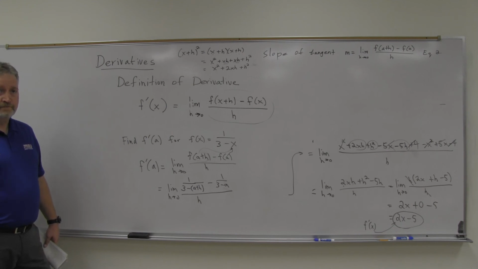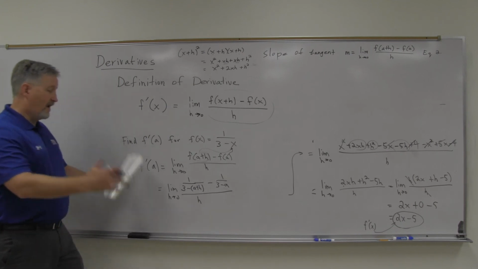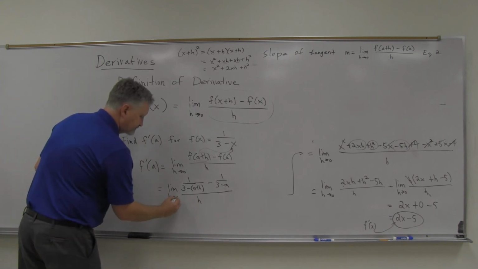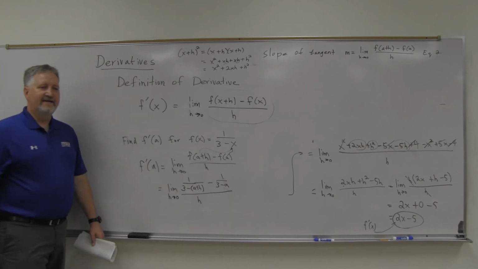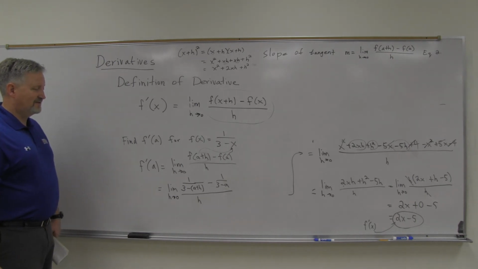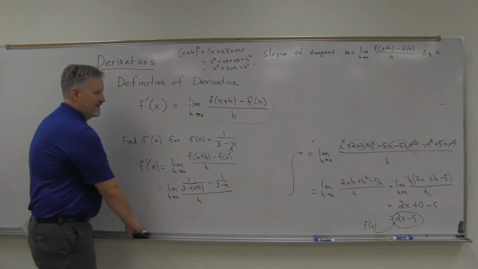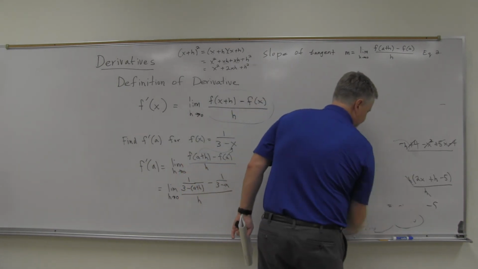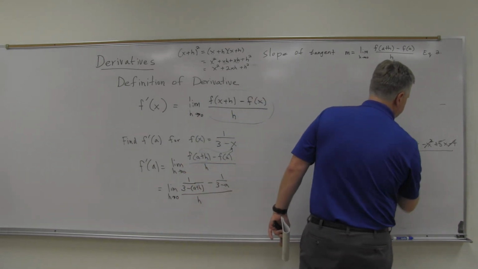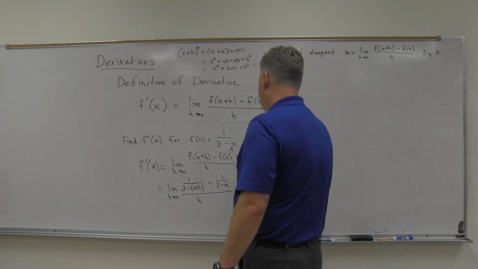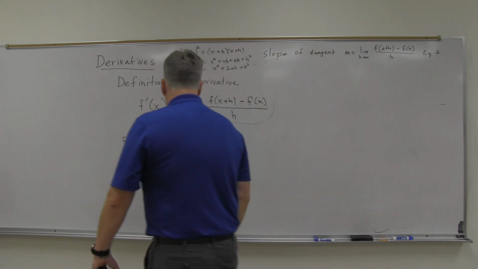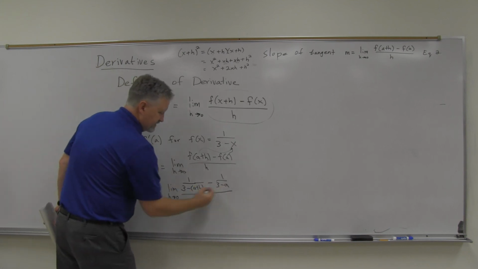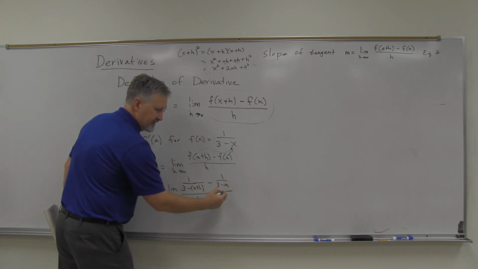With me? Yes? Okay. All right, so we've done, again, h goes to 0. Can't quite substitute in yet. The way we did those, get a common denominator. So the common denominator is going to be this denominator times that denominator.